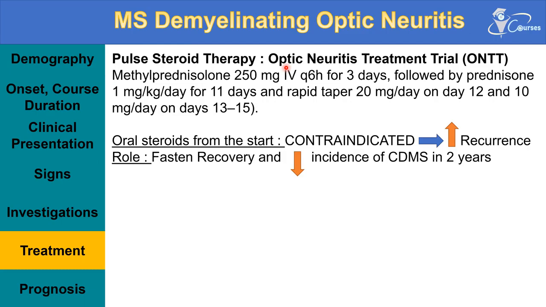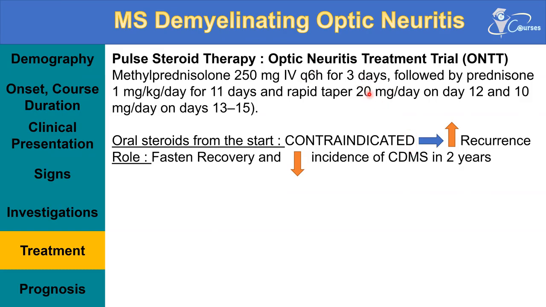There is a famous study, it's called the Optic Neuritis Treatment Trial, that said that in order to treat those patients, you should give them methylprednisolone 250 milligram intravenous every 6 hours for 3 days.